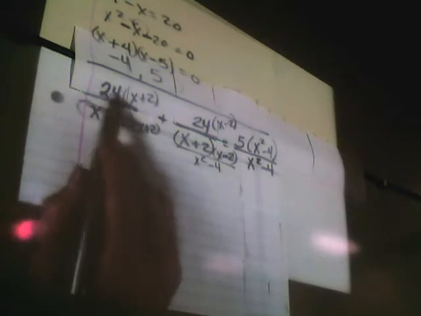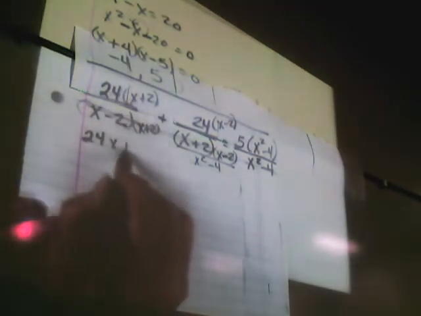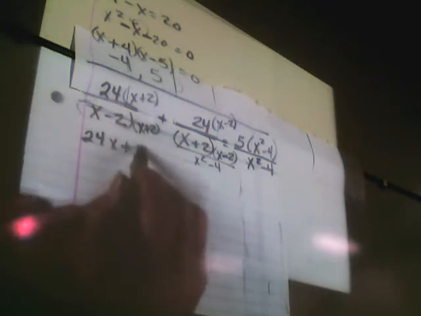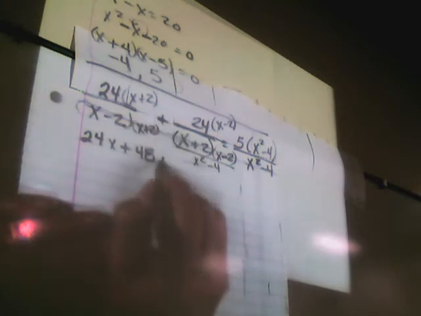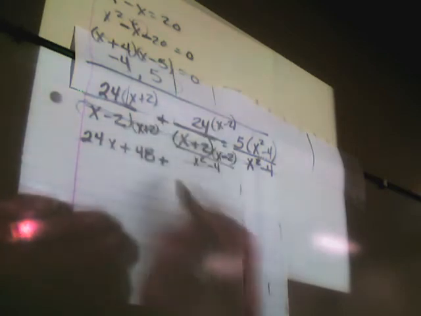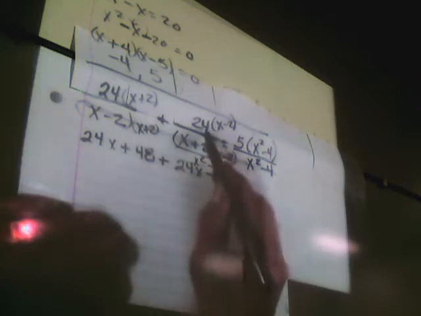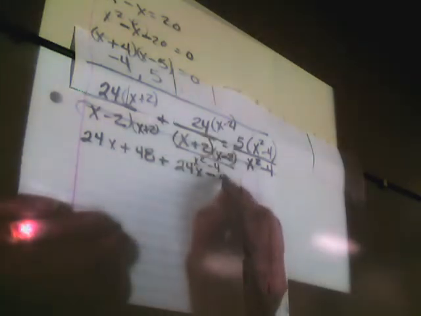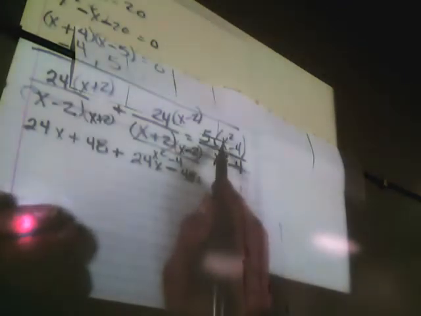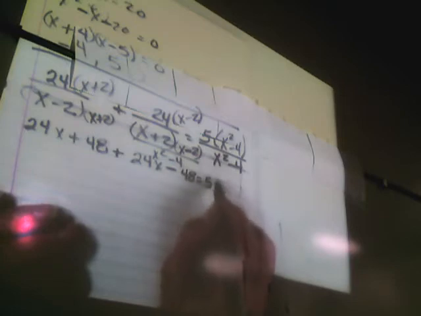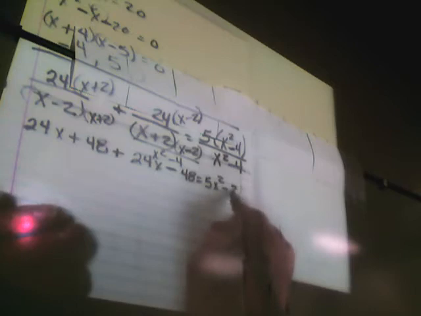So we have 24 times x plus 2. So we have 24x plus 24 times 2 is 48, plus 24x, minus 24 times 2 is 48, equals 5 times x squared, 5x squared minus 5 times 4, minus 20.